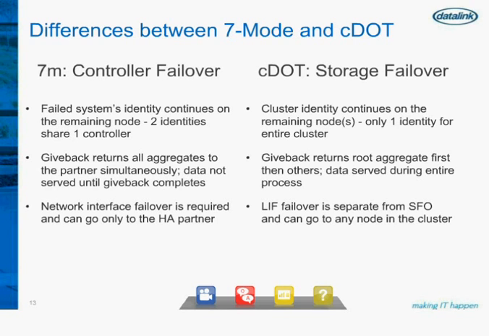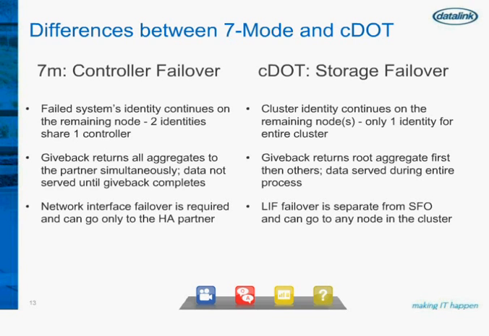For NAS LIFs, what happens is the LIFs are migrated from the failed node to other nodes in the cluster. Now we have complete control over how we want to have that happen. Those LIFs, those NAS LIFs, and the management ones for that matter, are not restricted to failing over only to their partner within the HA pair.